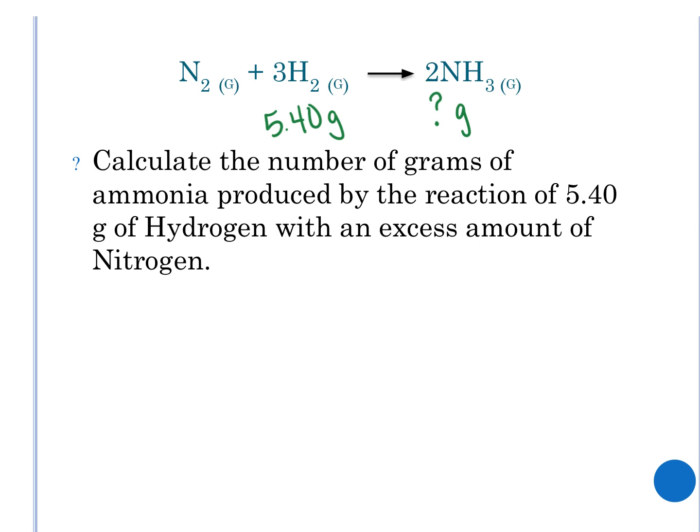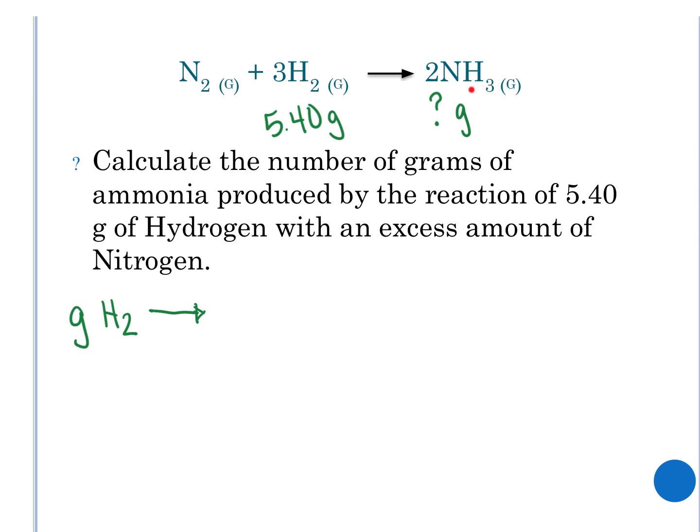All right, so now we're going to make a game plan. So before we just jump into the stoichiometry, we're going to make that game plan. So what number are you going to start with? Okay, and what's the unit for that number? Okay, so you're going to start with grams, and it's grams of hydrogen. And then can you just go from grams of hydrogen to grams of ammonia?